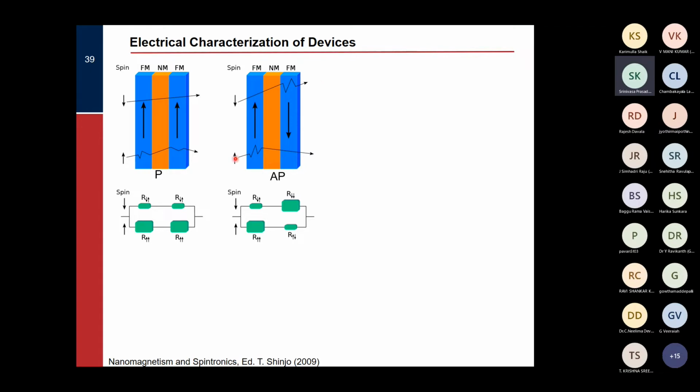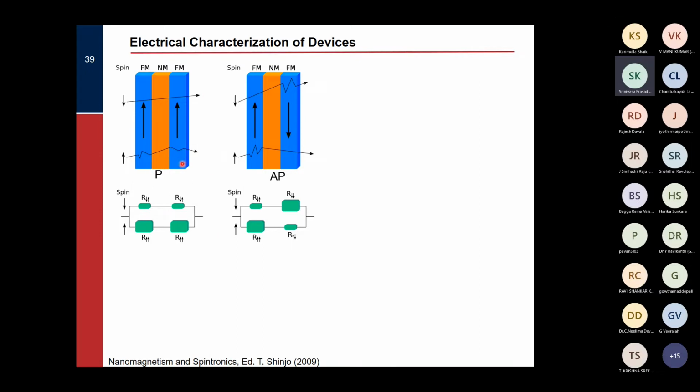If it's an up electron, it will get through smoothly here, but it will face a lot of scattering here. So here, no matter what the spin type, up or down, both of them will face a lot of resistance, which means that the number of electrons which will finally arrive on the right hand side will be fewer compared to this case. So here only down spins are low, but up spins are high in number.